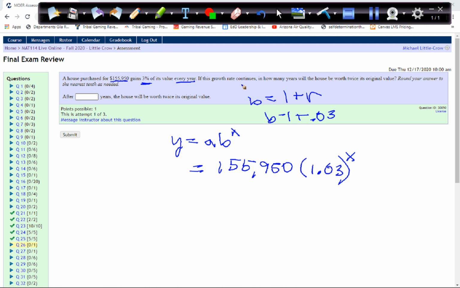And then we want to know when it will be twice its original value. Okay, so we're going to need to solve for x. Twice the original value would be twice what we started with. So we take 2 times 155.